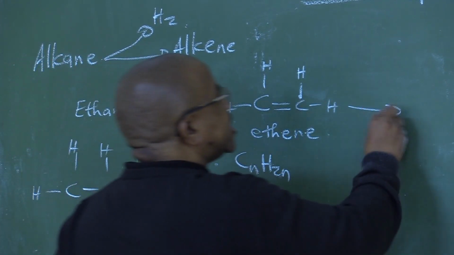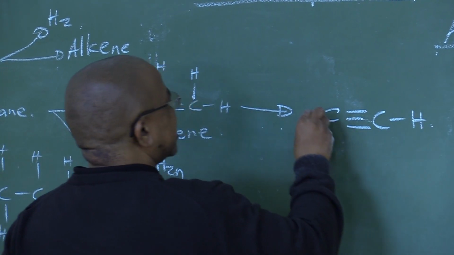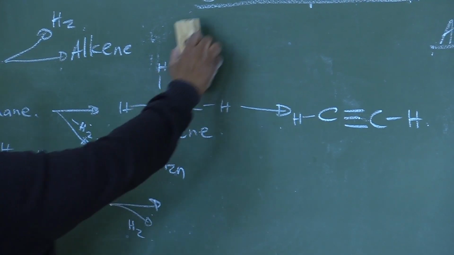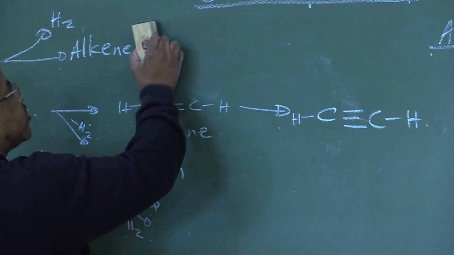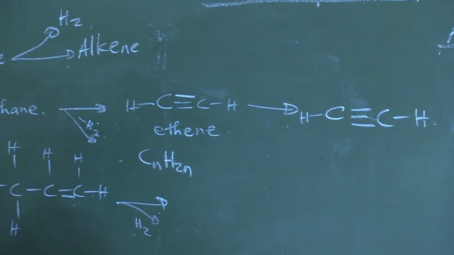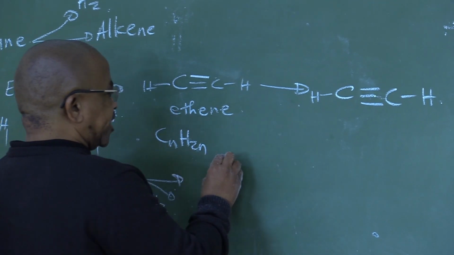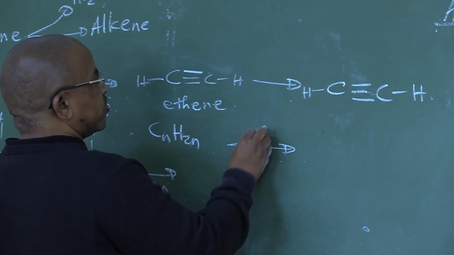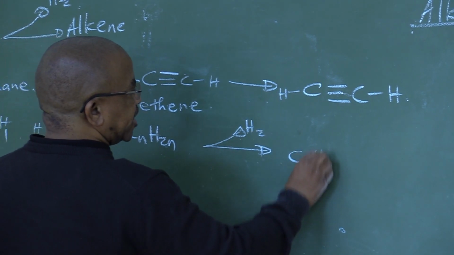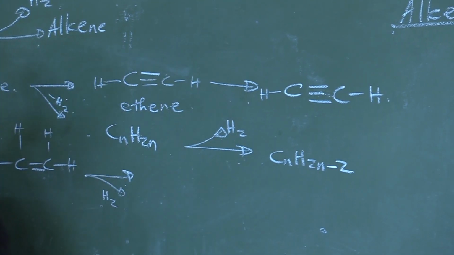Ukuze sakhe i-ethyne, then what can you do? We remove all hydrogen amabili. Uma kuphuma hydrogen amabili, then kwakheka i-triple bond. Oh, nansiya CnH2n. Once we remove hydrogen amabili, then what do we have? CnH2n. Siya remove la abangaki na abawu2.